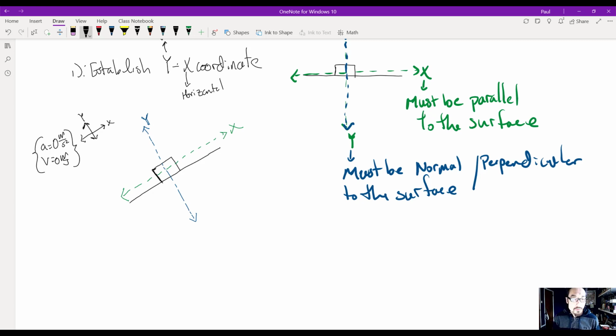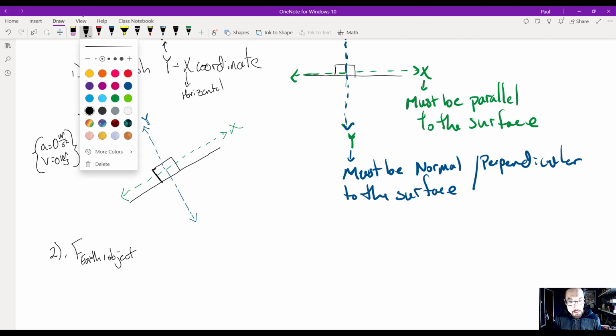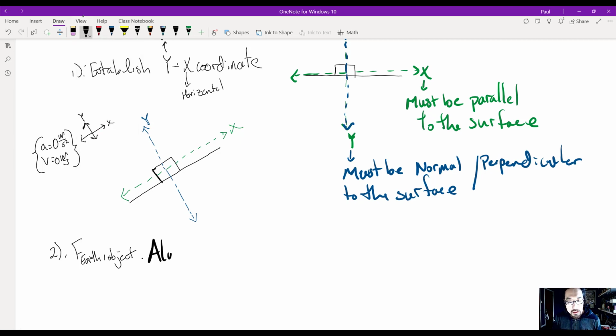Rule 2. A lot of the time our objects will have some kind of mass, and it will have some kind of weight. We call that weight the force of gravity, or the F of Earth on the object. I'm going to make this nice and big because this is very important. Always points down.